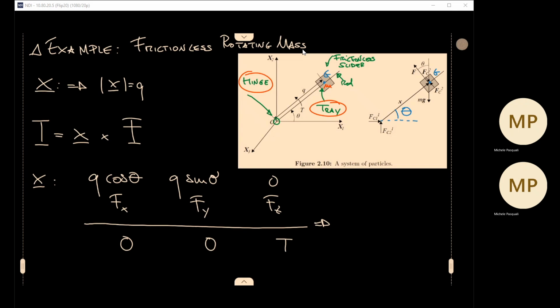So if you want to get the third component, which is the only one which is missing, you have to basically cancel out this, and then you have to make this vector product.